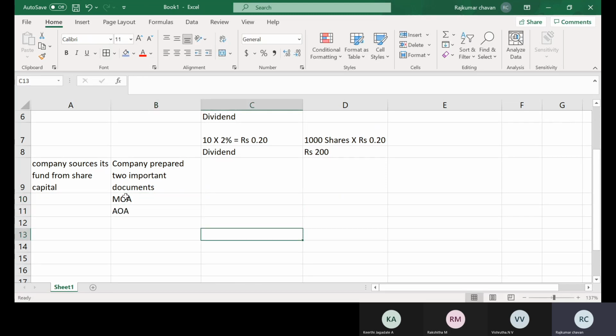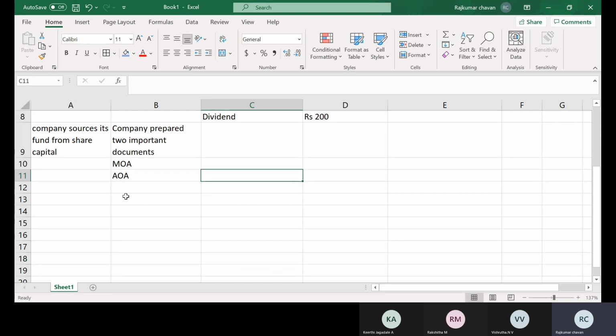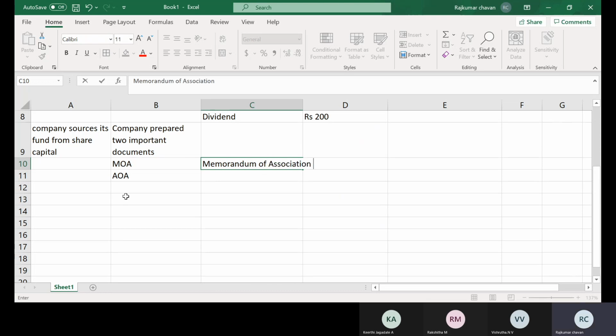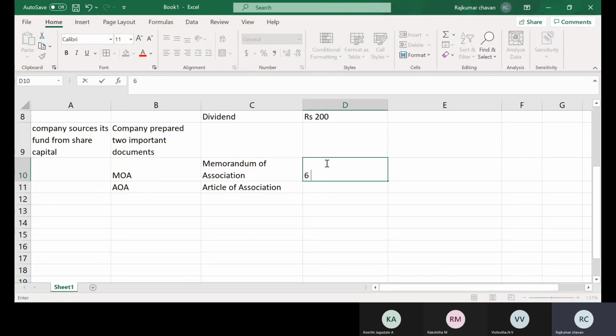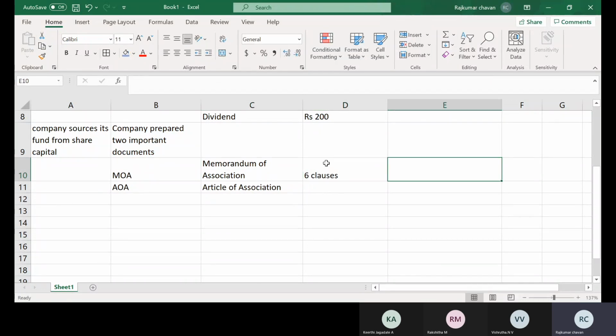What is MOA? Memorandum of Association. What is AOA? Articles of Association. In MOA, there are a total of 6 clauses, right?